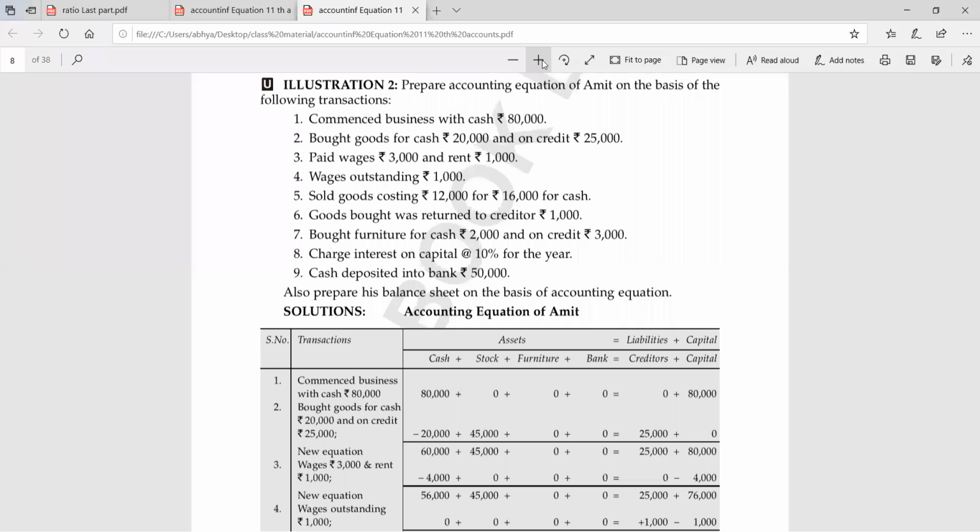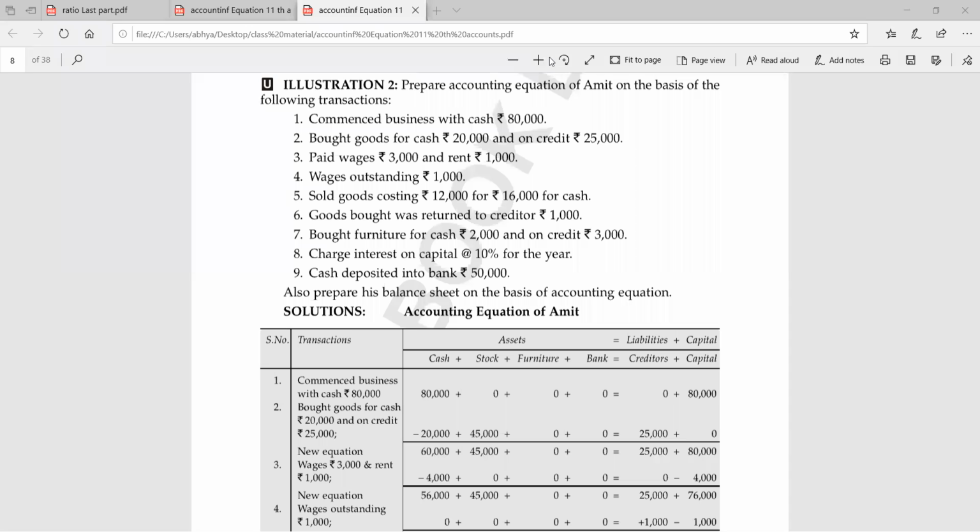In the second transaction, tell me which accounts are involved. Bought goods for cash 20,000 and on credit 25,000. Which accounts will be there in this transaction? 3 accounts will be there. We have purchased goods, cash and creditor. Whenever we are purchasing goods, goods means stock, whether we are purchasing or selling.